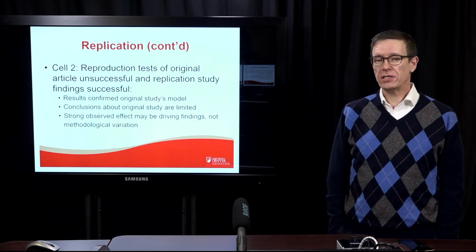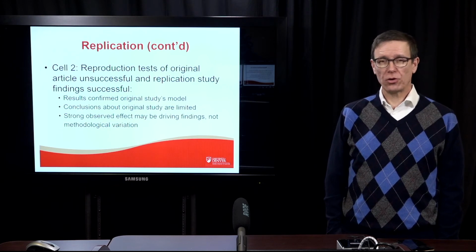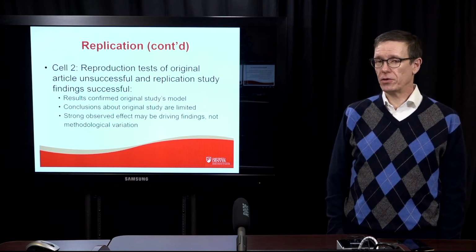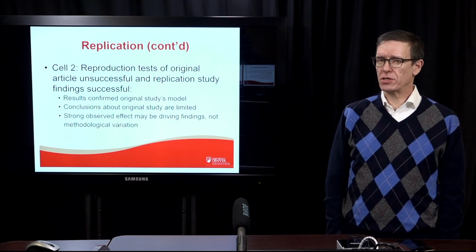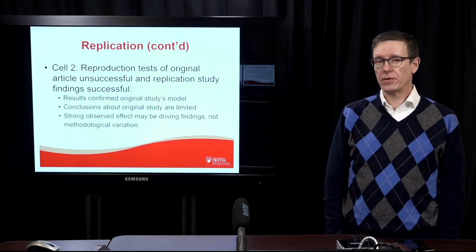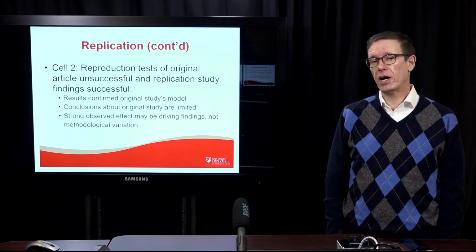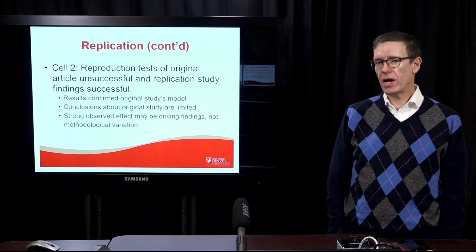What this would tell us is a confirmation of the original study's model. It would allow conclusions about those findings. We wouldn't be able to make strong conclusions about the original study since we weren't able to reproduce it, but we could at least say there's a strong observed effect across the two studies, and that may in fact be what was driving the findings, not methodological variation. But at least we get confirmation that an effect exists.